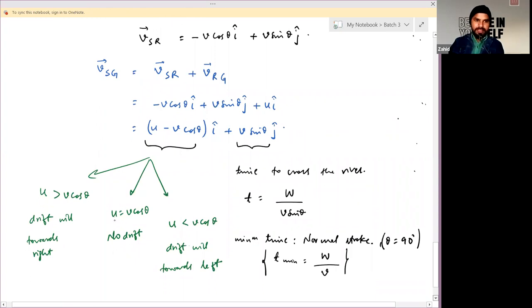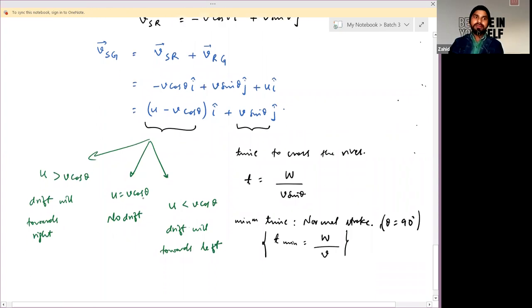Now, in the middle part, if u equals v cos theta, for which there will be no drift, if you define the value for theta, cos theta will be u divided by v. So this will define the angle of dive of swimmer for which there will be no drift. And if you calculate time for this part, it will be width of river divided by v times sin theta.